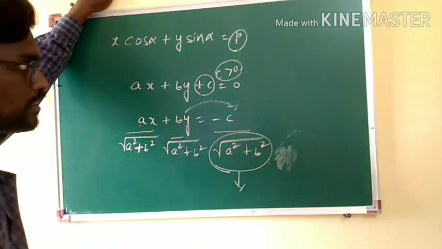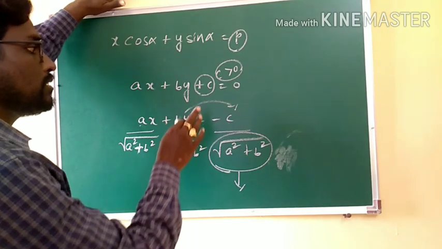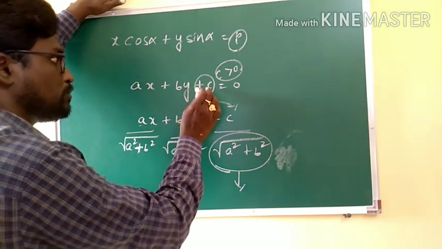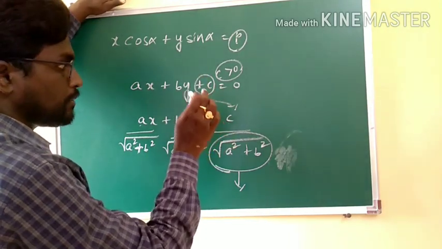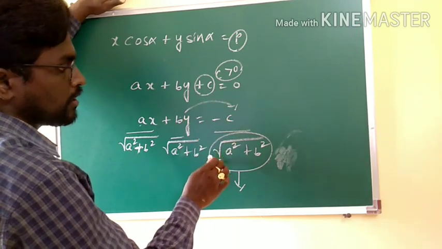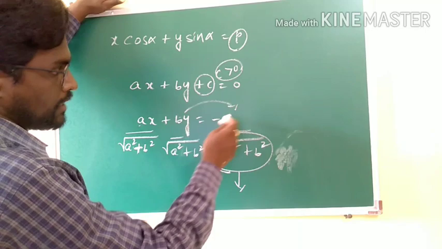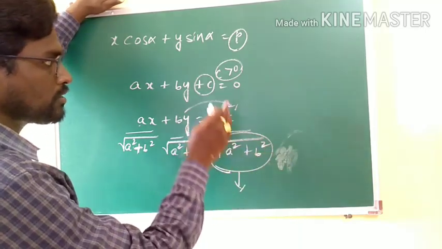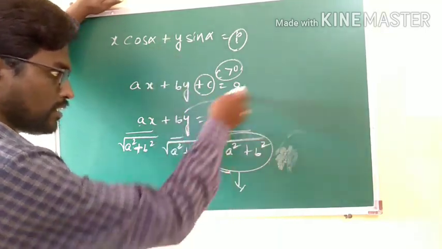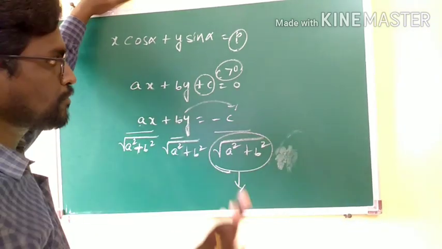Means if c is going to be positive, I will be taking plus c by root a square plus b square because I have to get the complete outcome as positive.